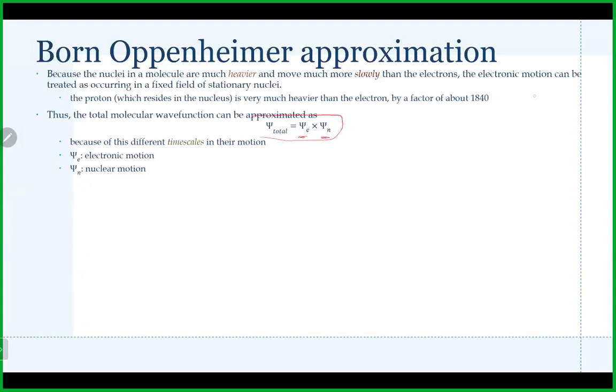A quick one about what a wave function is. You studied this a little bit in atomic spectroscopy. A wave function is a mathematical representation of a particle or of a system. We know what a system is from thermodynamics: whatever you are interested in looking at, that's what a system is.